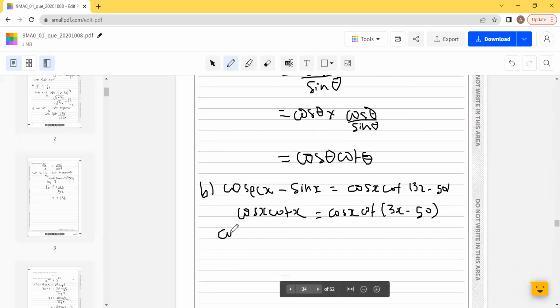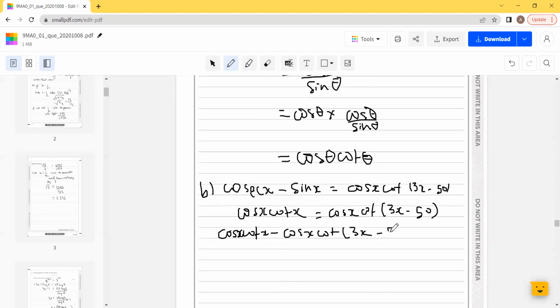So cos x cot x minus cos x cot 3x minus 50 is equal to 0. Okay, so I can factorize out the cos x. So if I take out cos x, I'll have cos x times cot x minus cot 3x minus 50 is equal to 0.